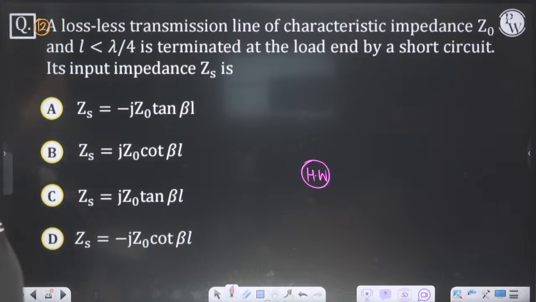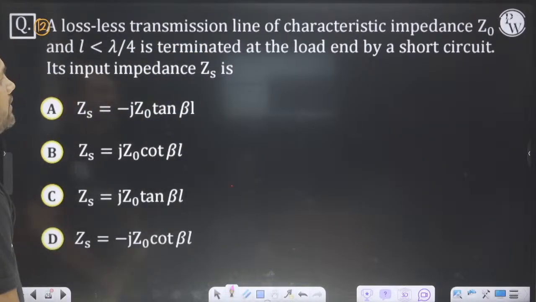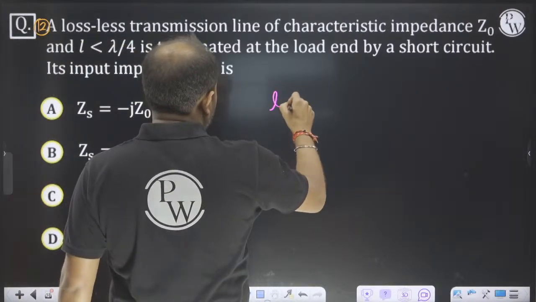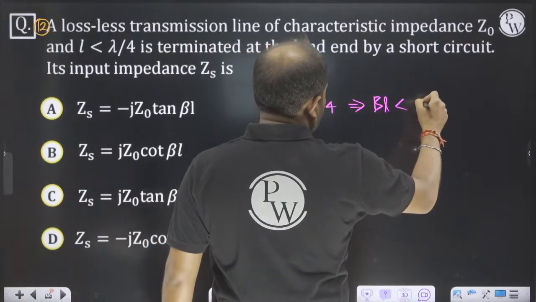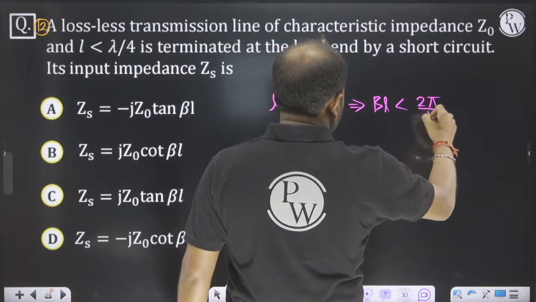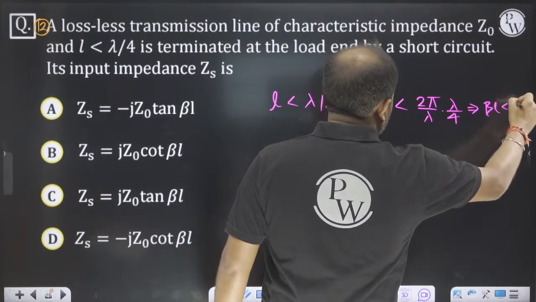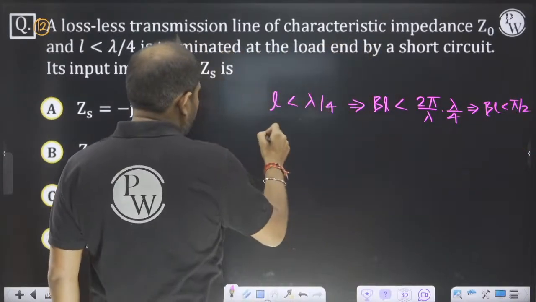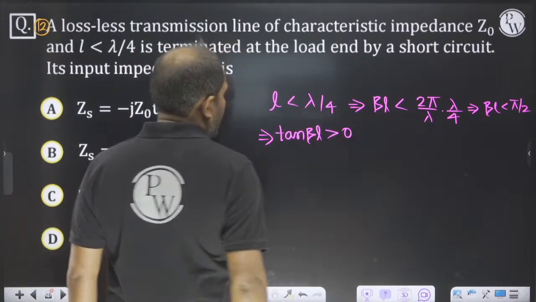This is the question they have asked. What have they asked? They have asked about a lossless transmission line of characteristic impedance Z0, length is given lambda by 4, input impedance they are asking. Since length is lambda by 4, beta L will be 2 pi by lambda into lambda by 4. So beta L will be less than pi by 2. So tan beta L is greater than 0.